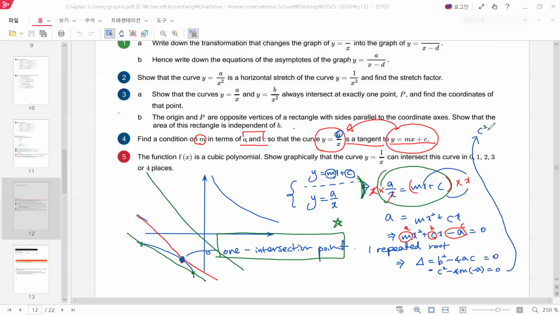Therefore, c squared plus 4ma equals 0, so 4ma equals minus c squared. So m equals minus c squared over 4a is the condition for the straight line to be a tangent of this curve.